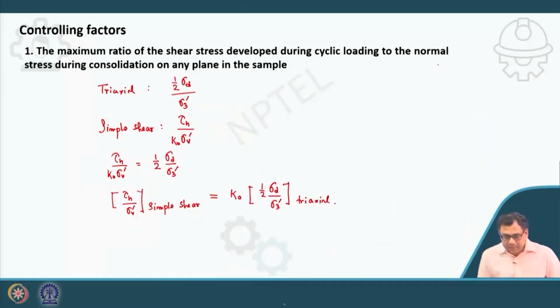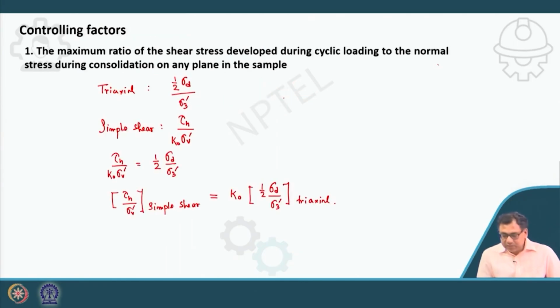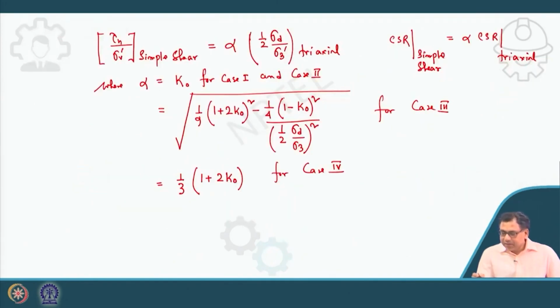Because this CSR is written in the form half sigma d by sigma 3 dash for triaxial and tau h by sigma v dash for simple shear. So now the simple shear cyclic stress ratio can be determined if I know the CSR of the triaxial; you have to multiply with alpha.